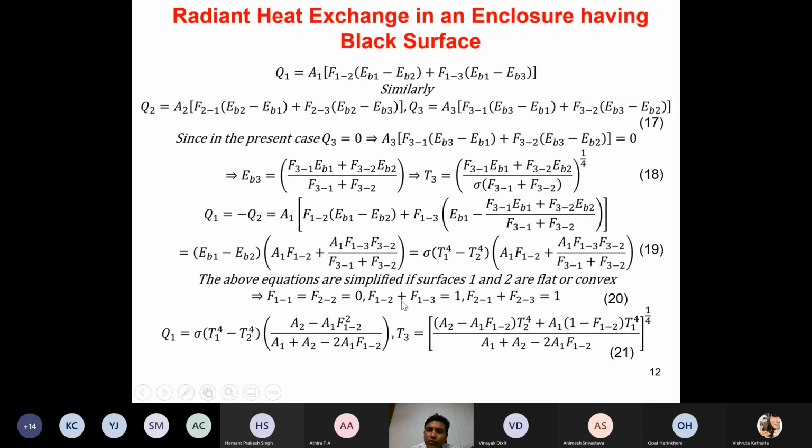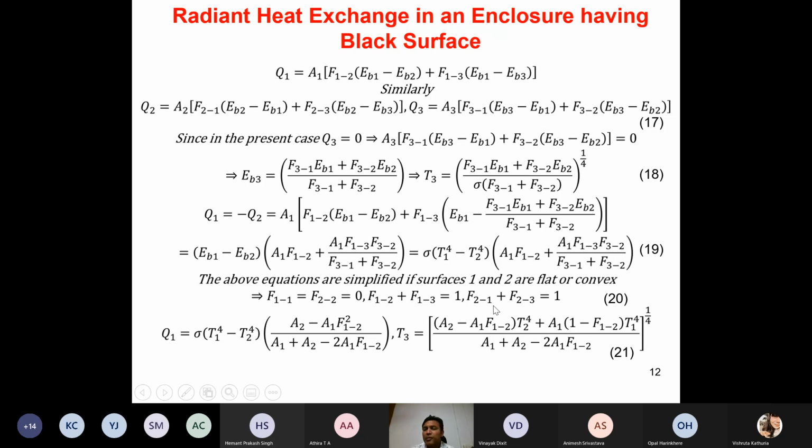So from this equation we can directly find out F13. F13 is given as 1 minus F12. Remember in this equation 19 F13 is there. So this F13 can be replaced as 1 minus F12. Now there is another equation, F21 plus F23 equals 1. Remember here F22 will also be there, but that F22 is equal to 0.